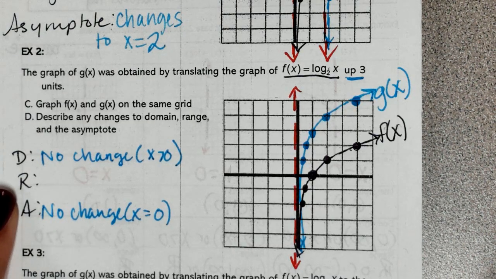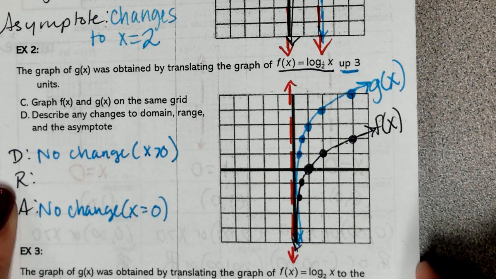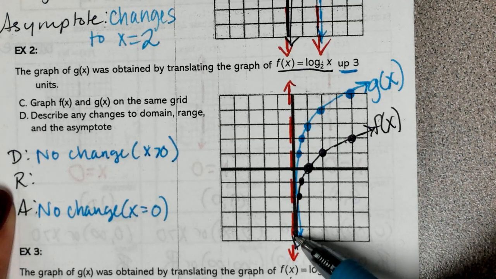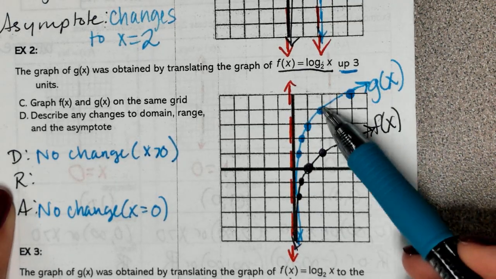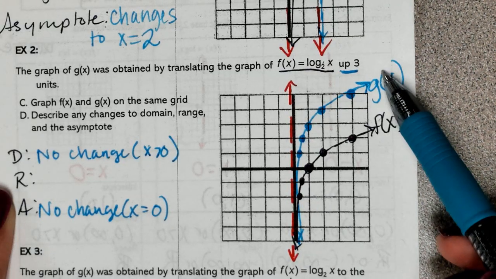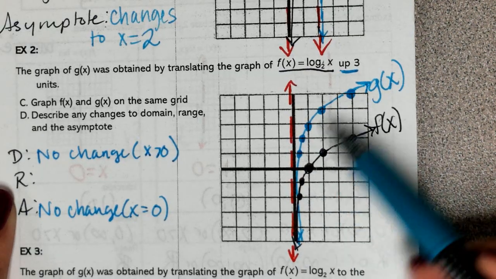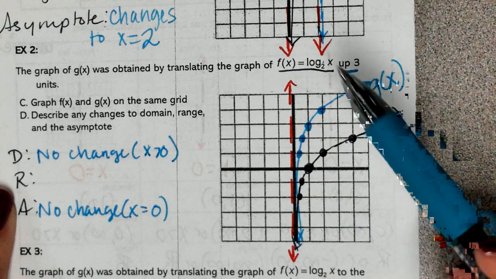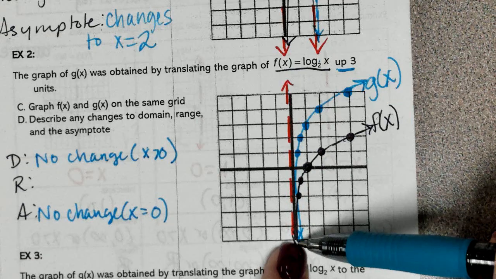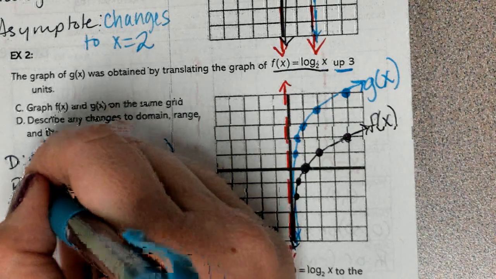And how about the range? Moving it up, did it change the range? But I got to look at where it's going. So it's going down forever and up forever. The shape is different, right? It is shifted, but what the y's are allowed to do is still go into negative and positive infinity.